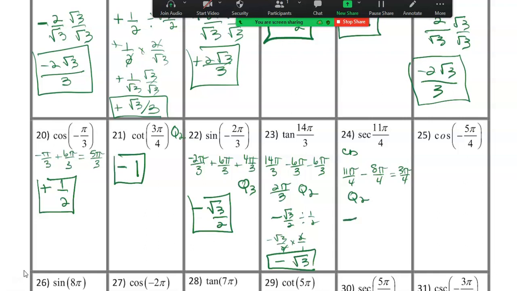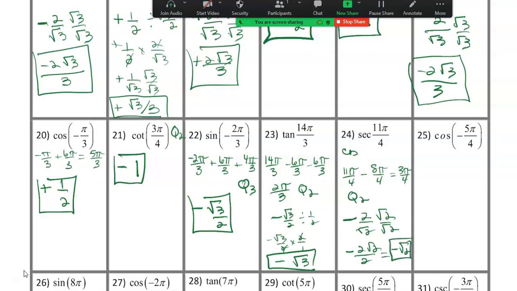So now I'm going to go back up to pi over 4 as my reference number, and secant is the flip of cosine. So that makes it 2 over root 2, which needs to be rationalized. So that's going to be radical 2 root 2 over 2, which equals negative radical 2.